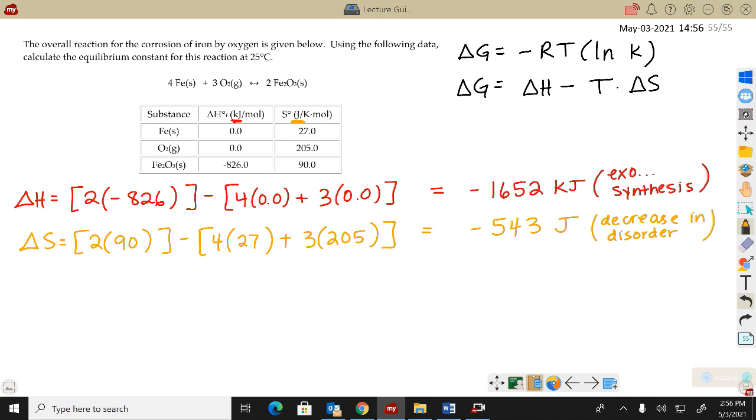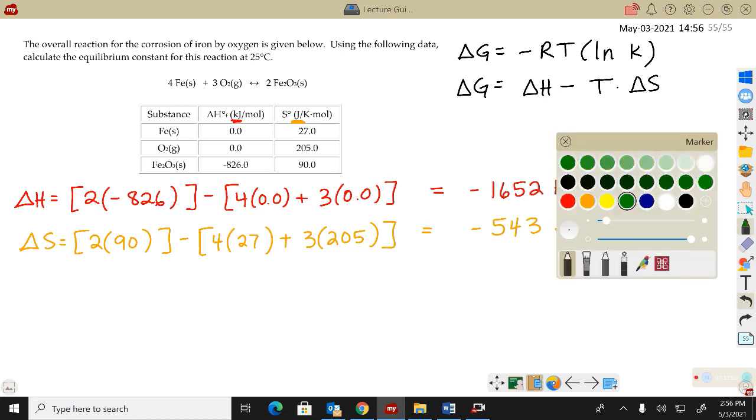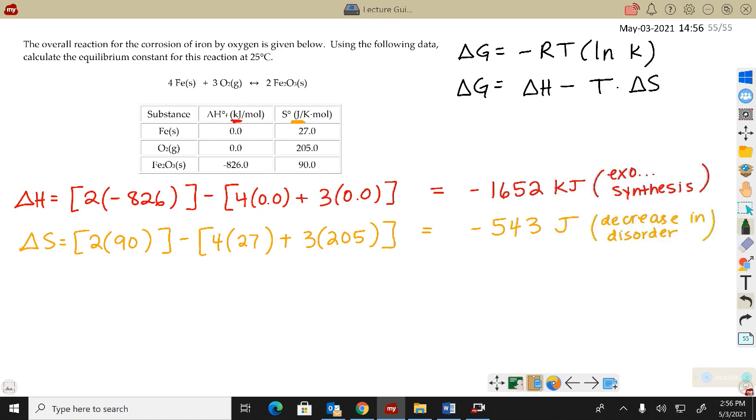Alrighty, so now it's time to plug this in. Delta G, let's do it. Delta G is delta H, negative 1652, that's in kilojoules, minus temperature, but it's got to be in Kelvin.